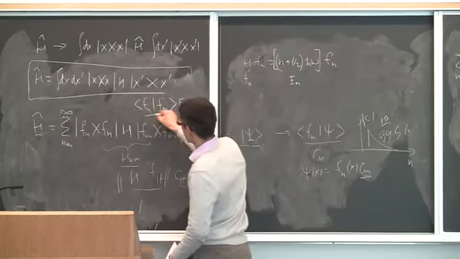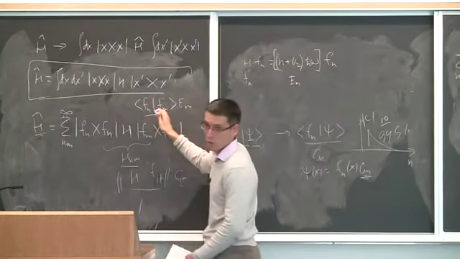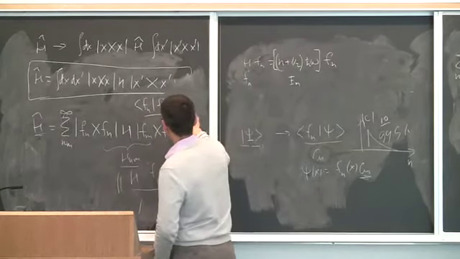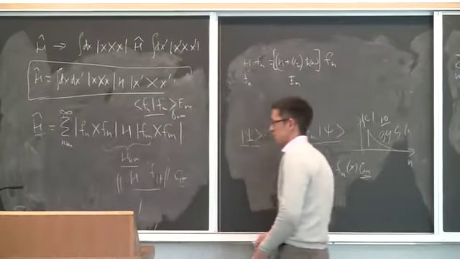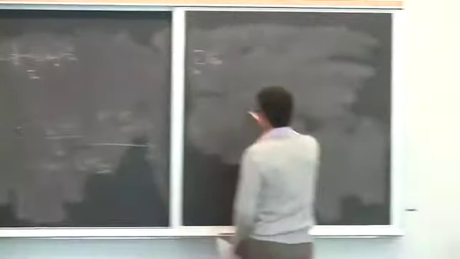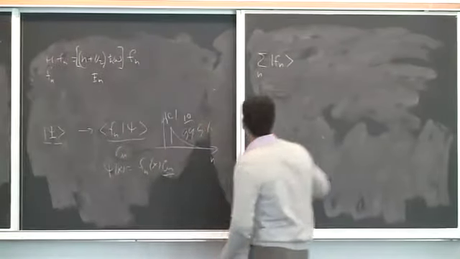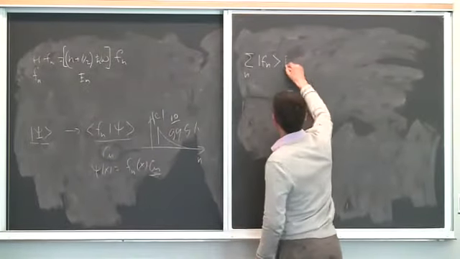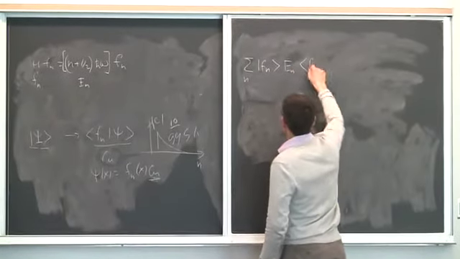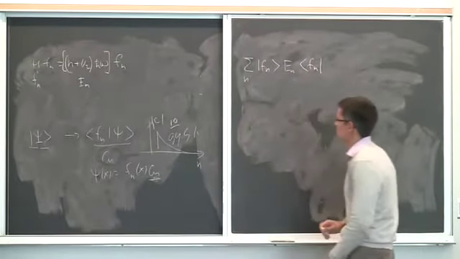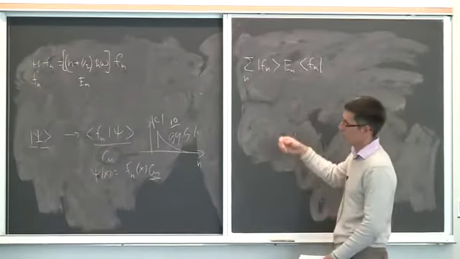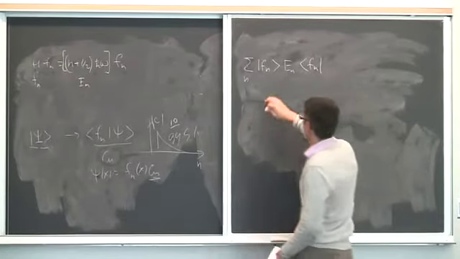But these are orthonormal, so you only get delta Nm when you make a scalar product. That kills one of the summation indices, and then we have Fn, En, Fn. So that's the representation for the Hamiltonian in the basis of eigenfunctions.